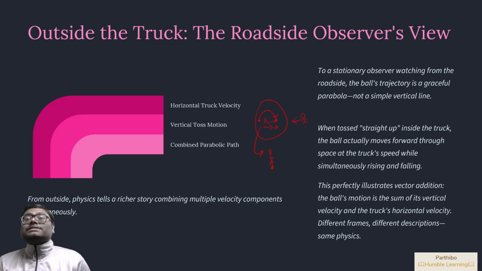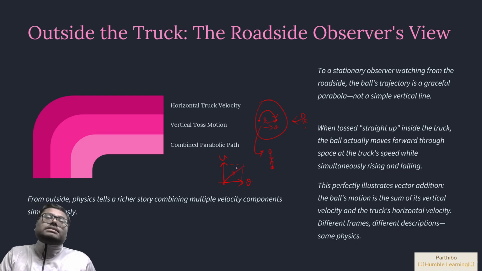So this path perfectly illustrates vector addition. The ball's motion is the sum of its vertical velocity and the truck's horizontal velocity. What happened here? This is the velocity of the truck and this is the velocity of the toss. As a result of the combination of those, a resultant is formed like this.